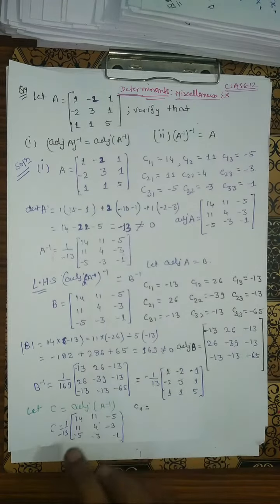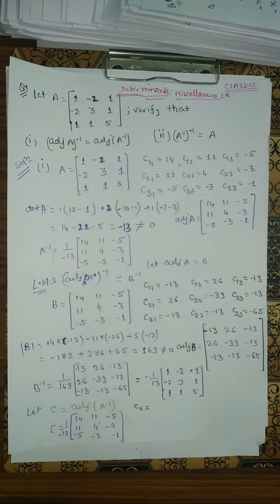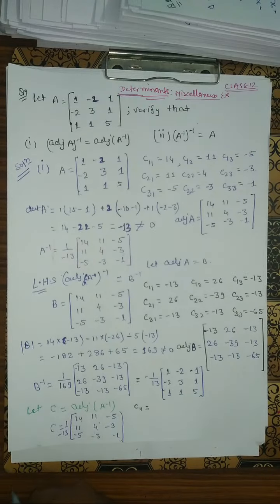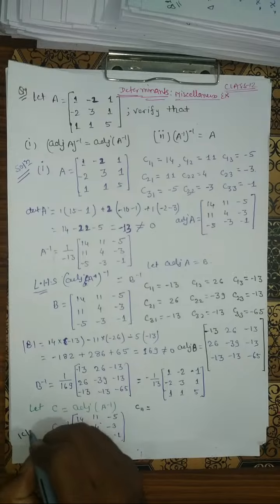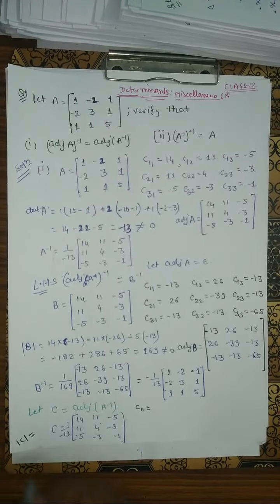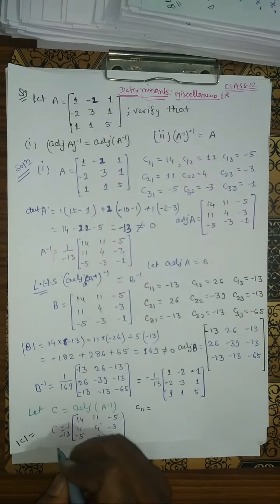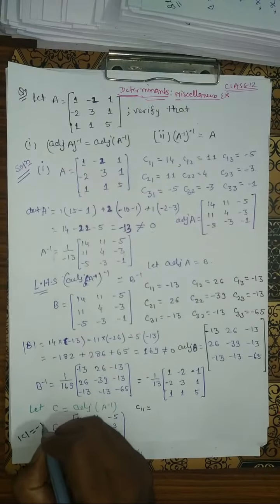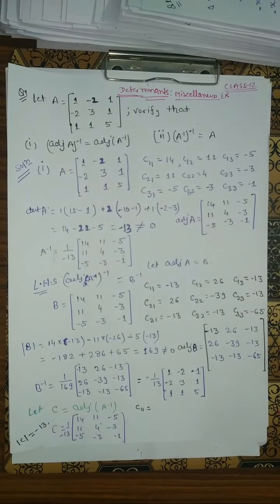Determinant of this is 169, so 169 upon -13, so determinant of C is -13.